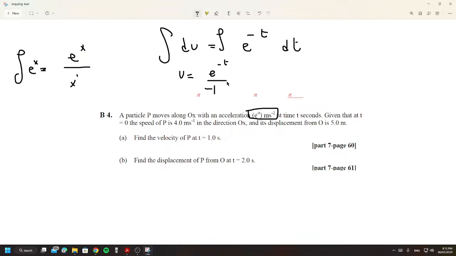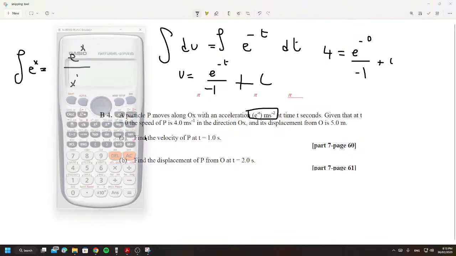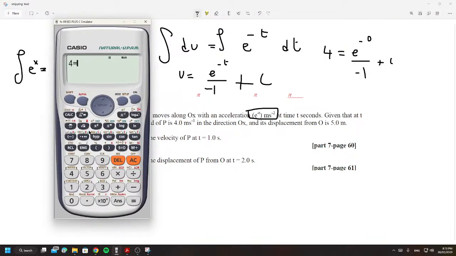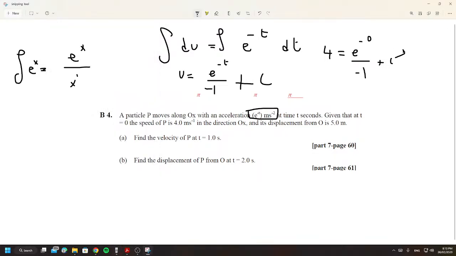Okay, plus c. It told us that when t is equal to 0, the speed is 4. So let's find c. So 4 is equal to e to the power negative 0 over negative 1 plus c. Solve for c, and we got c to be 5.